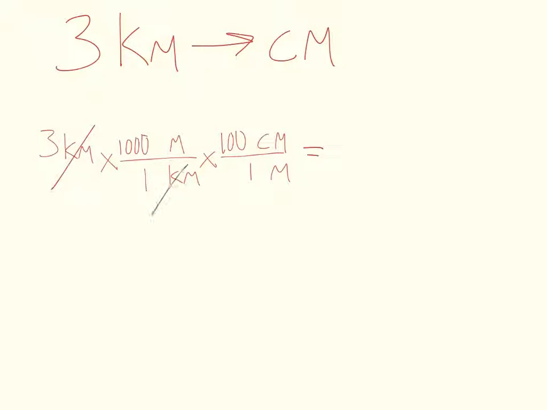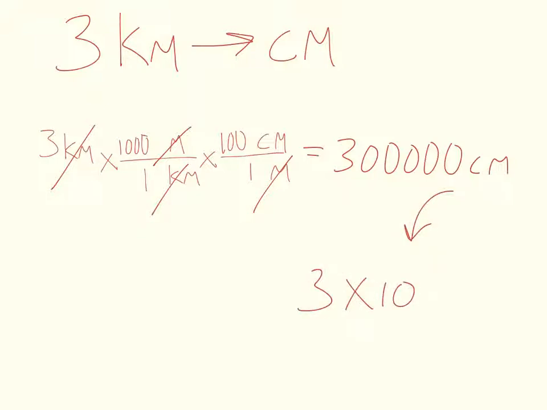I know kilometers I'm going to cancel out, meters I'm going to cancel out. So 3 times 1,000 times 100 ends up being 300,000. In other words, in scientific notation, it would be 3 times 10 to the 5th centimeters. You always want to make sure you include the units within the dimensional analysis work itself, and also units on the end. It's extremely important.